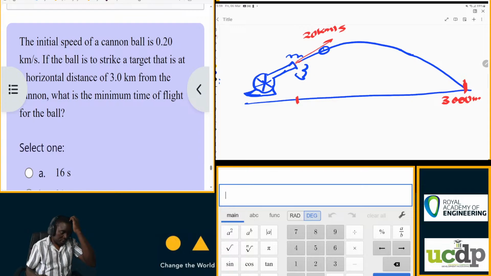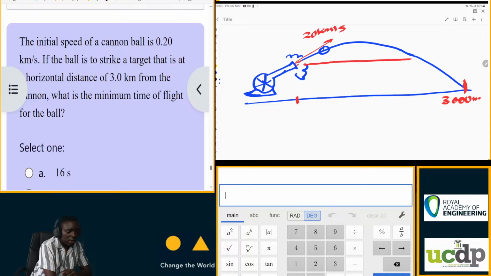Okay, the target is 3,000 meters away. So we would assume, let me even say the target is level with that, so that we don't overcomplicate this. Even if that's not the case, that should be fine.